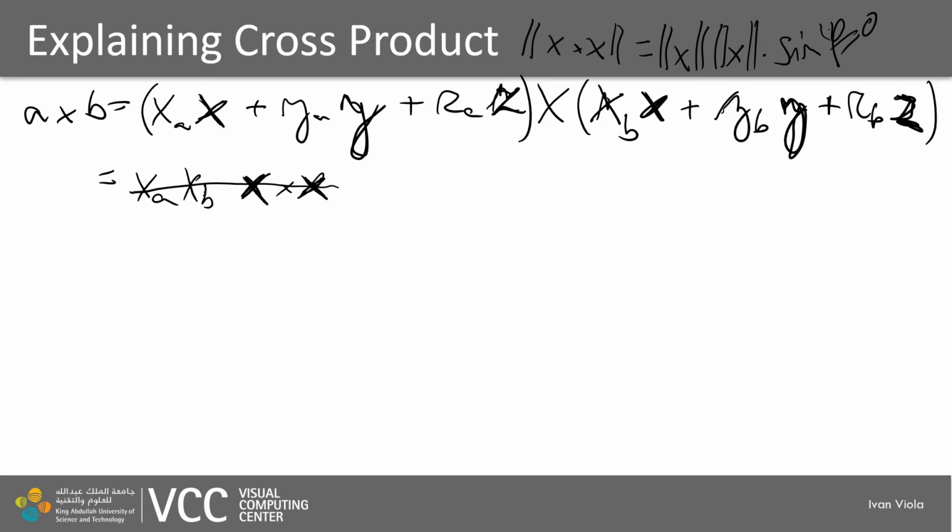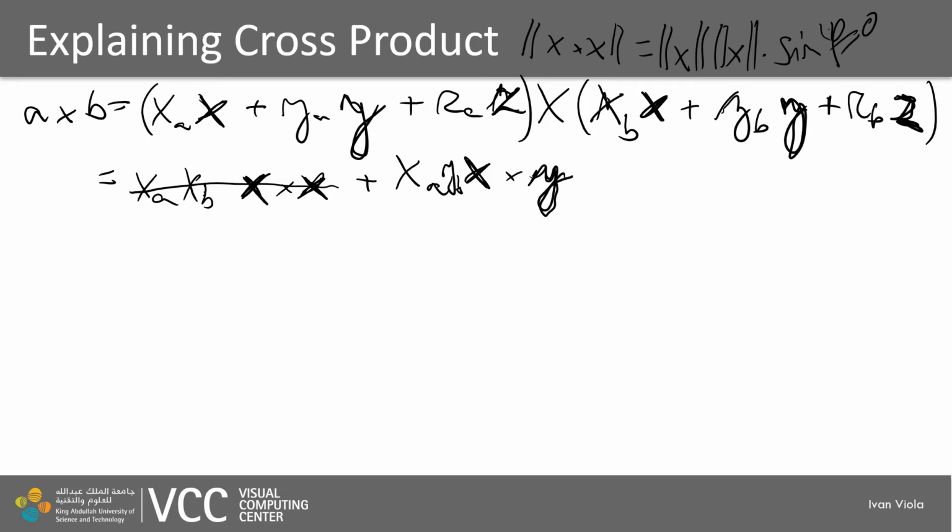The XAX term is gone, but we can continue with XA YB, X cross product with Y. What is it?